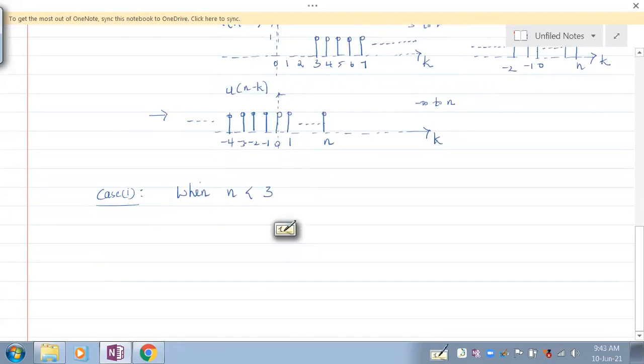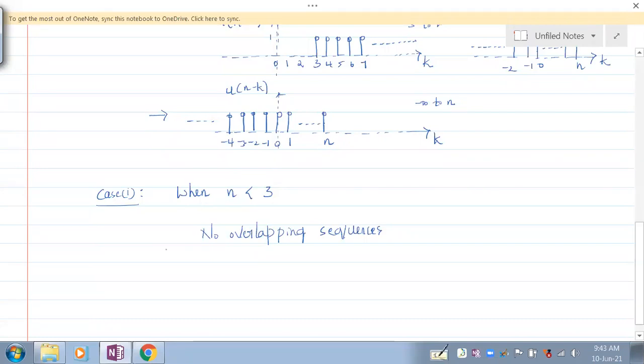When n is less than 3, no overlapping signals or sequences. Let's not say players handshaking here. Players handshaking is an example that I've taken, which is very apt here. No overlapping sequences.